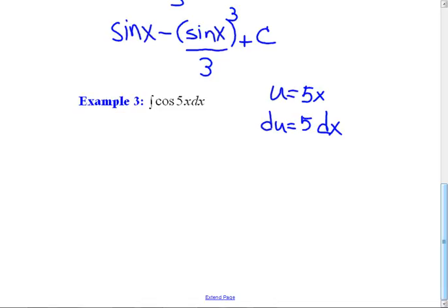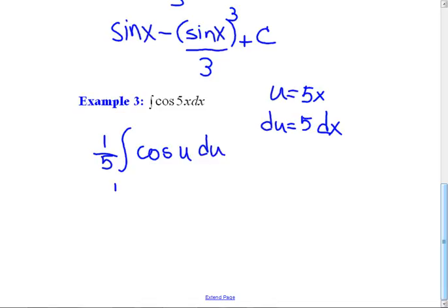But you know what? I see you guys getting this wrong, even though it's pretty easy. What am I going to put here? 1/5. Well, it's the cosine of u, and then dx is 1/5 of u.